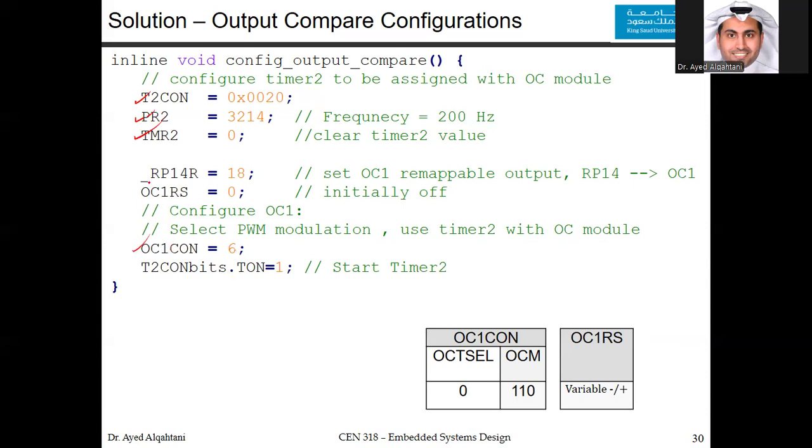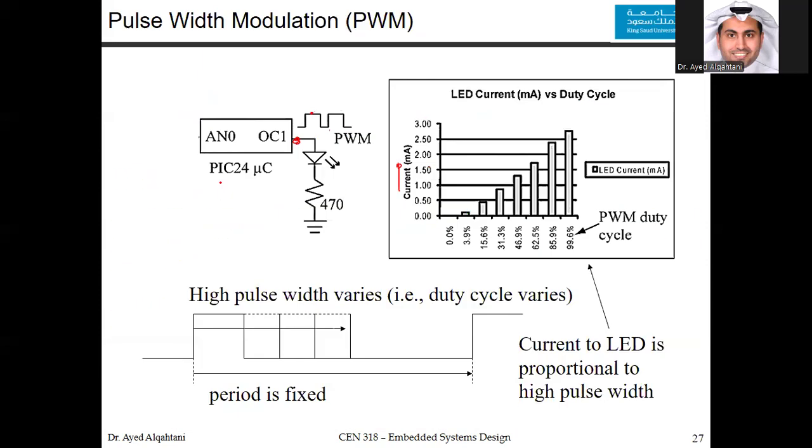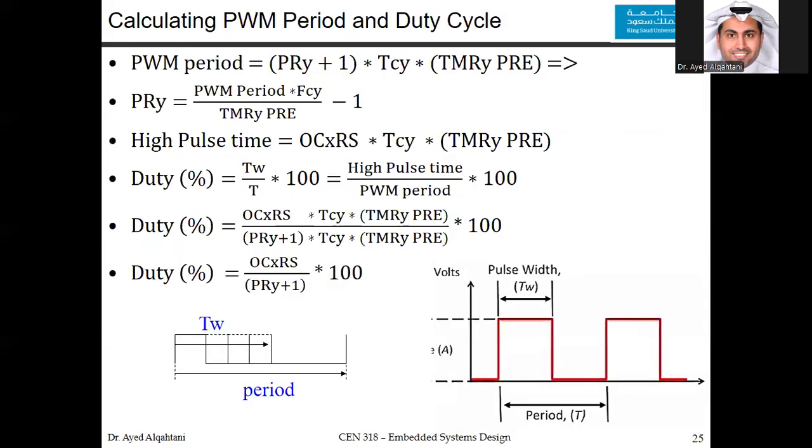Now, other than this, we have the OCRS value. If we want a specific value, we should return to this equation to give us the value of OCRS if the duty percentage were given, and of course PR2 will be given.